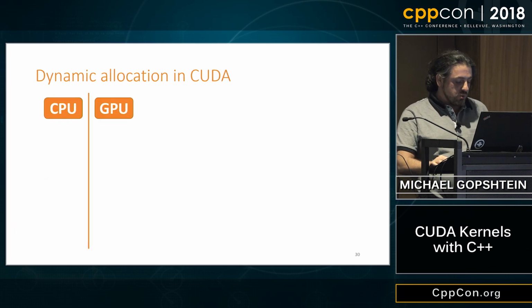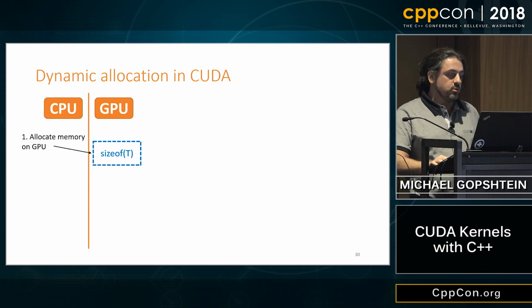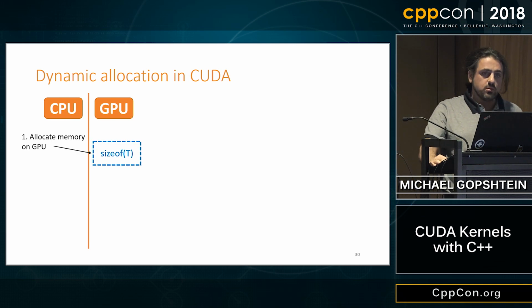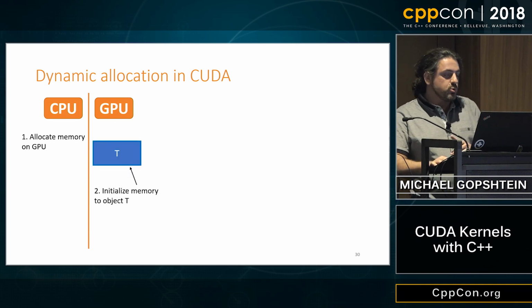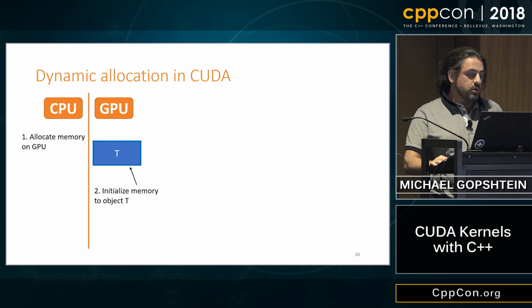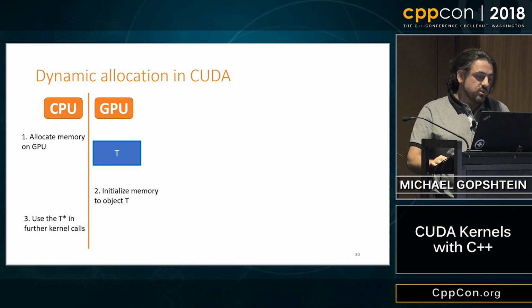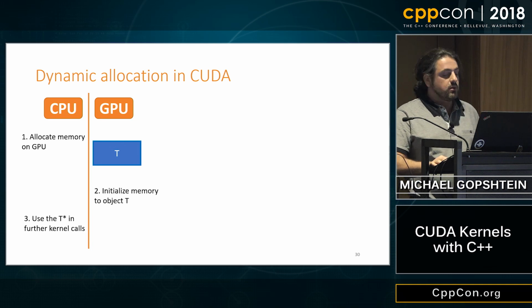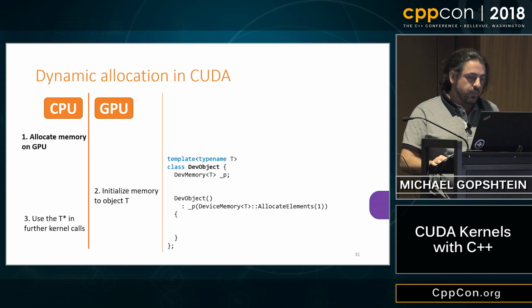So our strategy to solve that issue would be this. First, we would allocate the memory on the GPU, as we usually do. Then on the GPU side, we would initialize the memory to the correct type of object T. And now on the CPU, we have a valid T pointer in hand, and we can use it to launch the kernel.